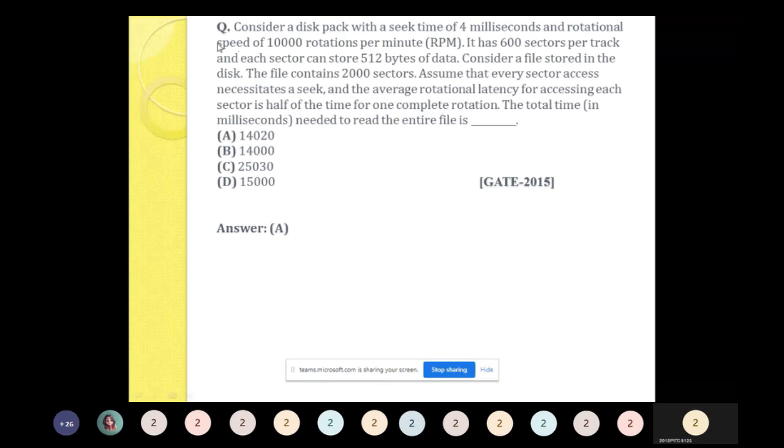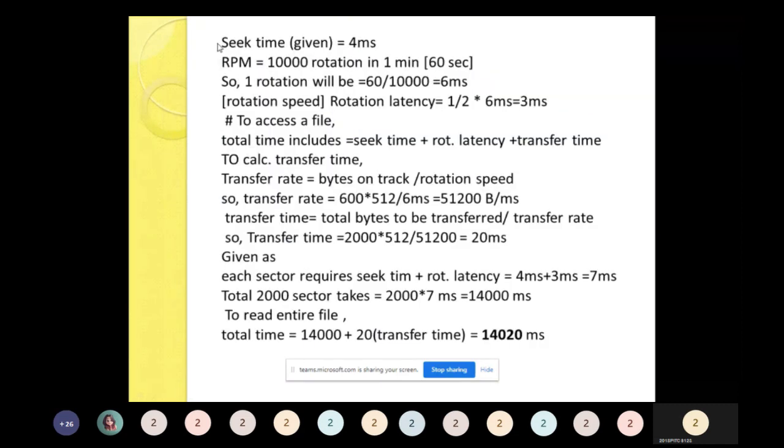Here I've shown how to calculate the answer. We just follow the steps and we get the answer. The RPM, sectors, seek time and data rate are already given, and everything is basics of this question.